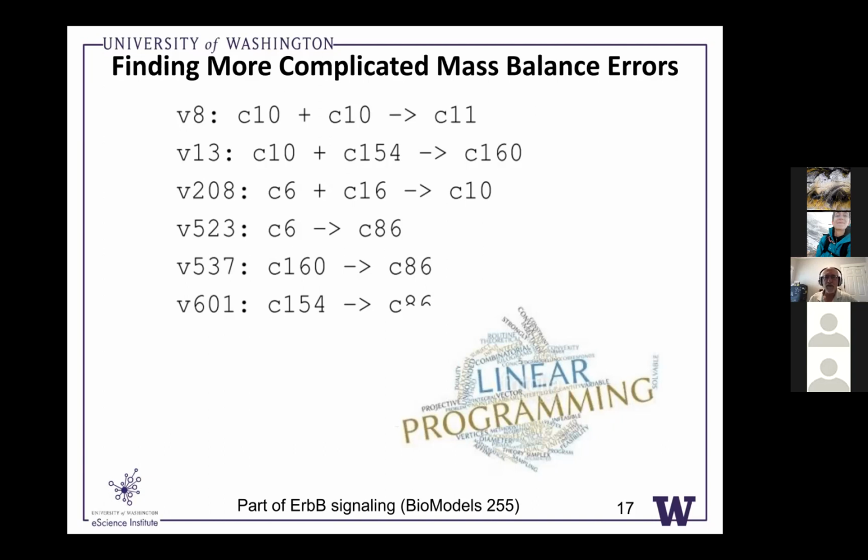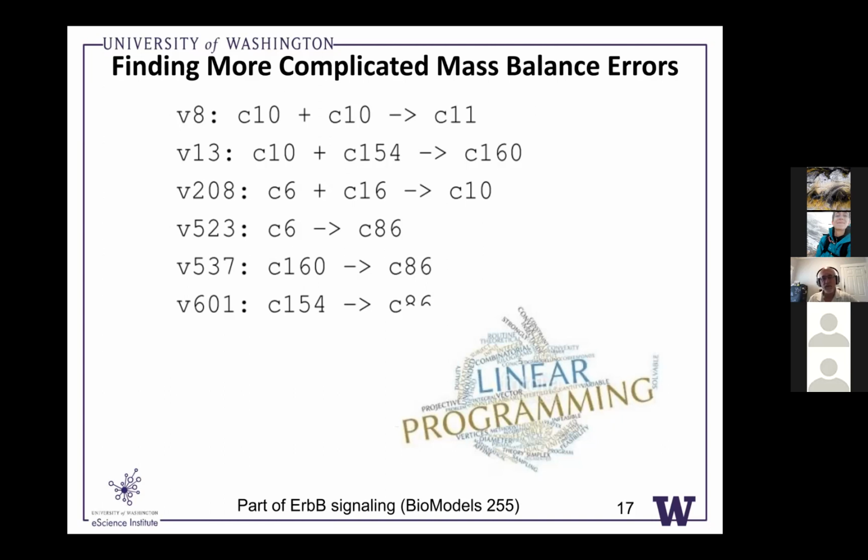I'm going to give you sort of a peek of what's under the cover on these packages, but you will actually not even have to worry about doing anything with linear programming. You will just essentially point a Python package at your SBML model, and it will come back and say, you have an error or you don't have an error.